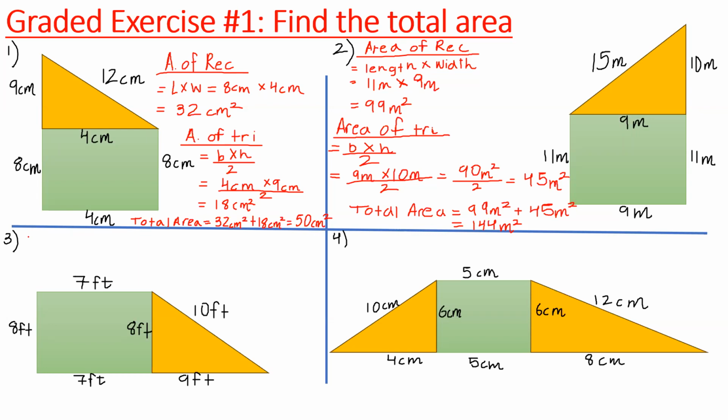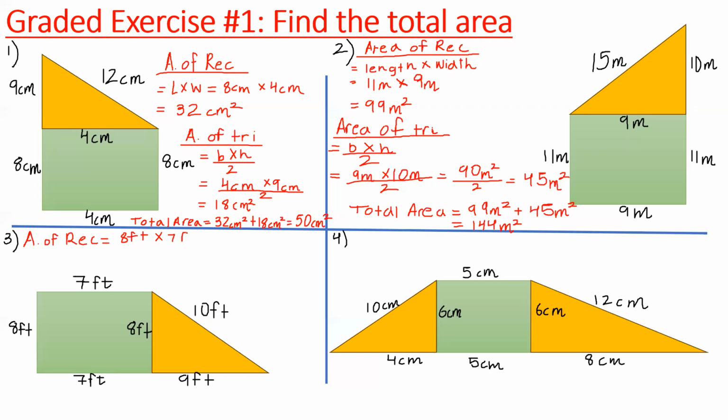All right. Okay, well, answer number 3 for me then, since you weren't able to answer the first one. Yes, sir. First, you have to find the area of the rectangle, which is length times width, and the length is 8 feet and the width is 7 feet. When you times 8 times 7, you get 56 feet squared.